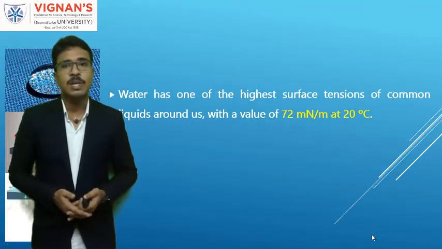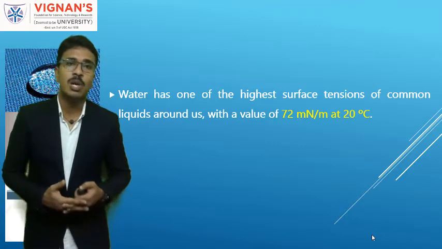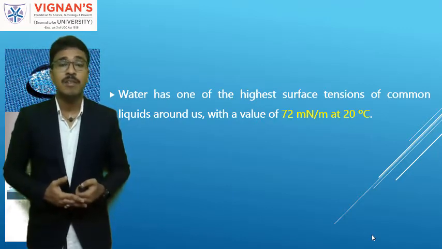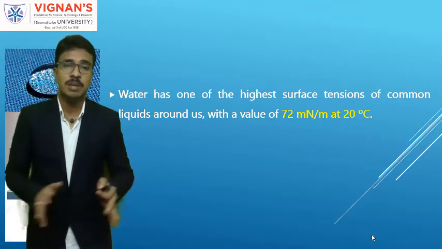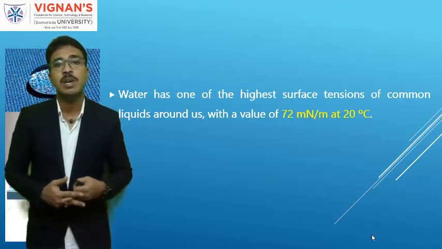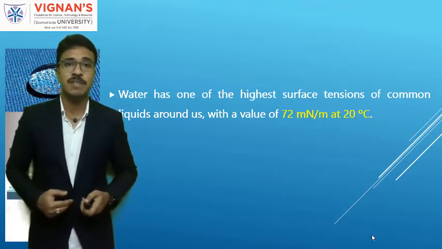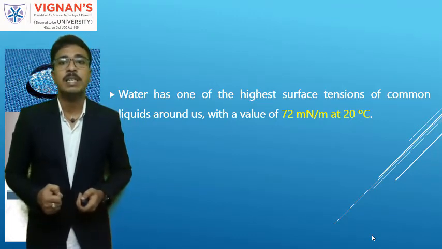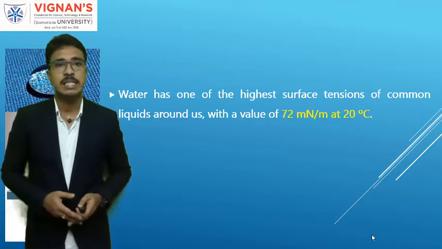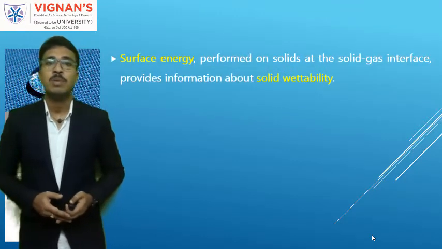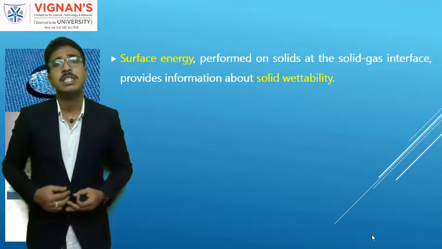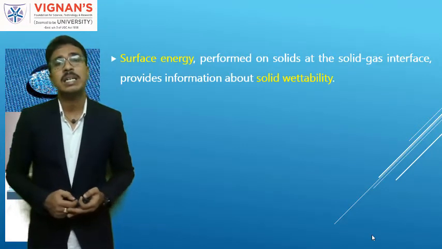Now if you look at water, as I told you already, water has the highest surface tension of common liquids, which is 72 millinewtons per meter at 20 degrees Celsius.